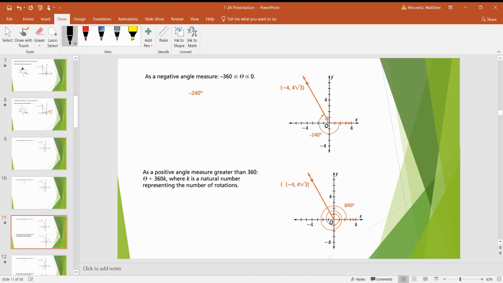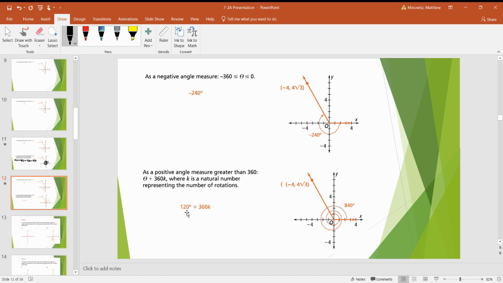So I can take my 120 and then I can add 1 spin, which is 360. And then I can add 2 spins, which is 720. And then I can add the 120 to get 840. So I can do 120 plus 360 plus 360 plus 360, however many times I want.